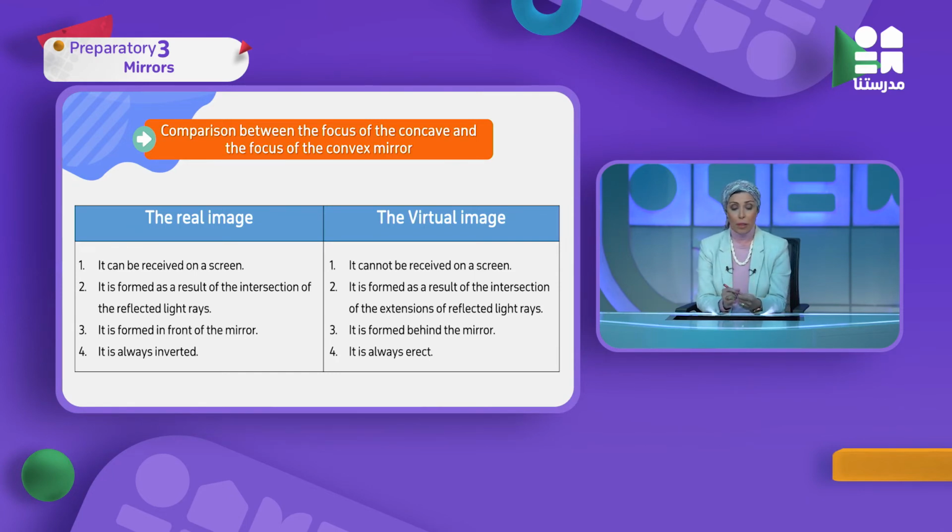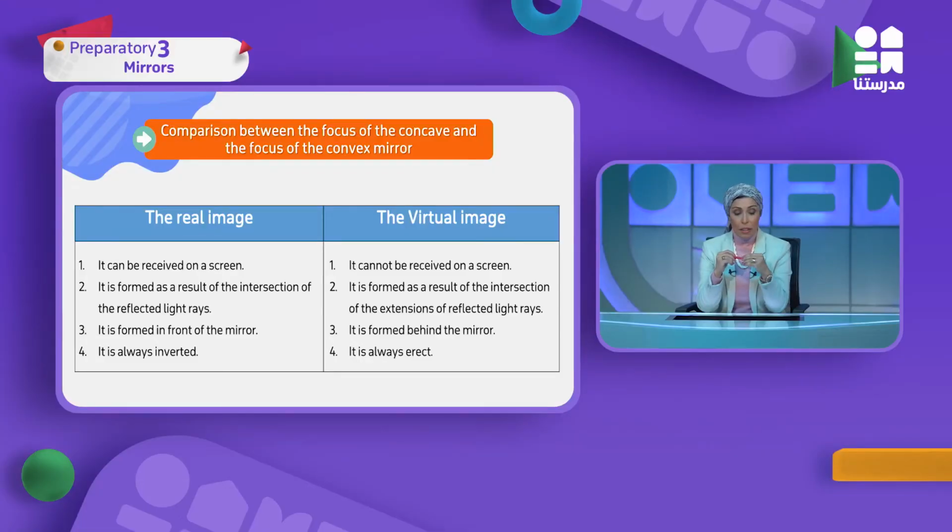That's number one. Number two, a real image is formed due to an intersection. As we drew before, where do we put the image? From the intersection of the two reflected rays. I look for two reflected rays, see where the point of intersection is, and then I draw the image.